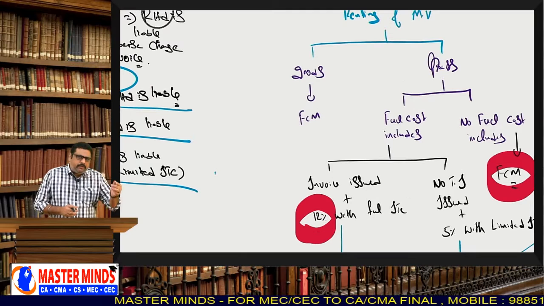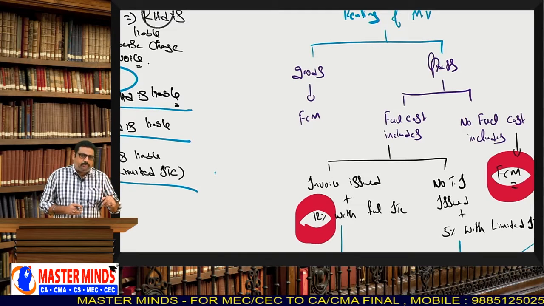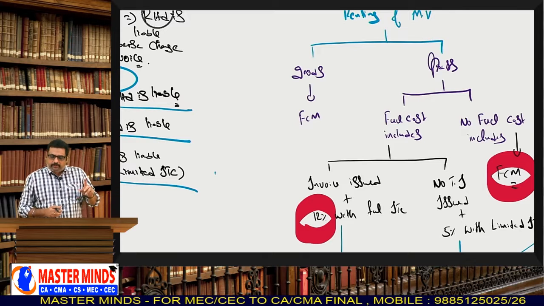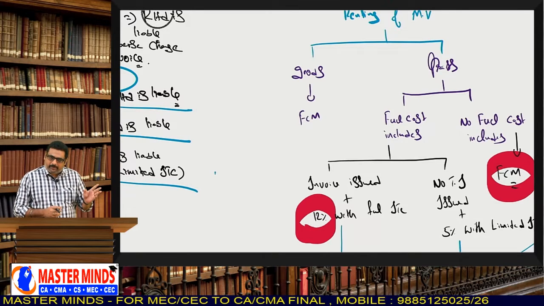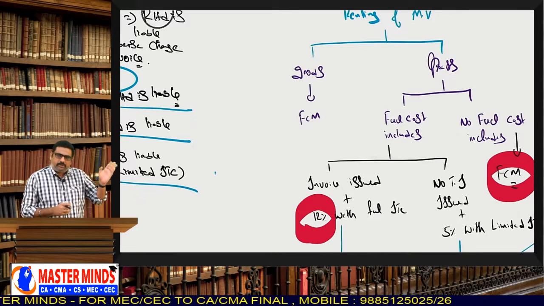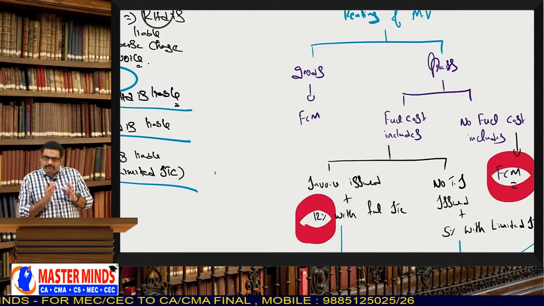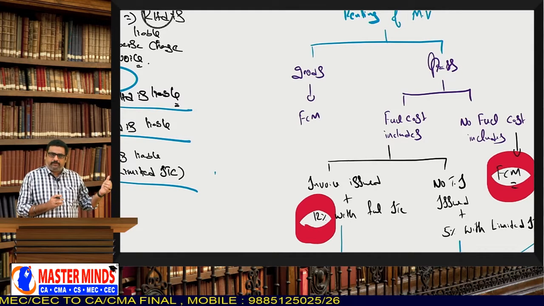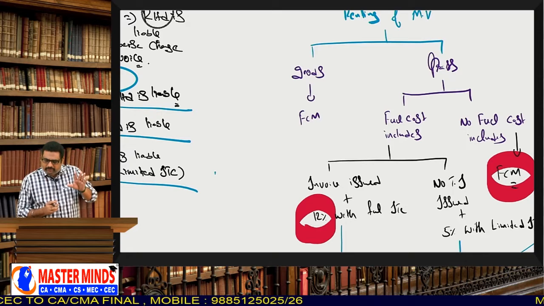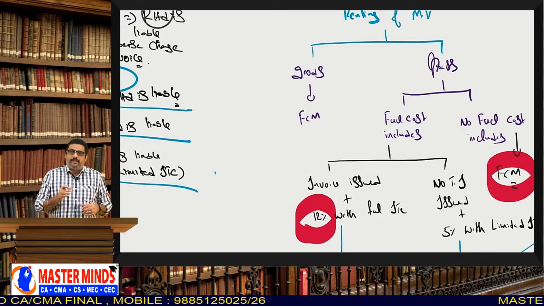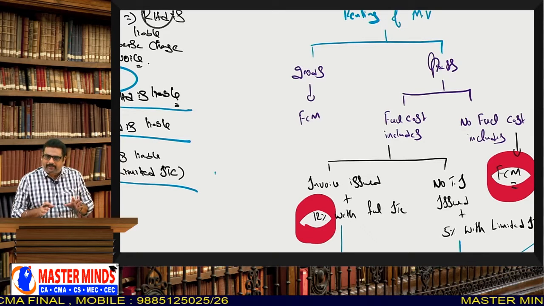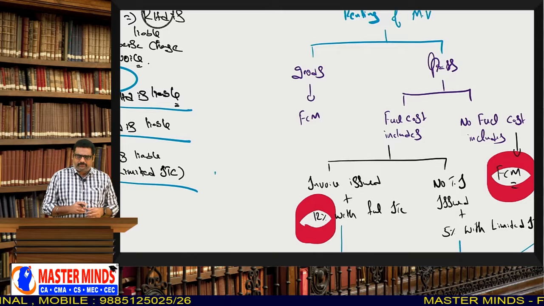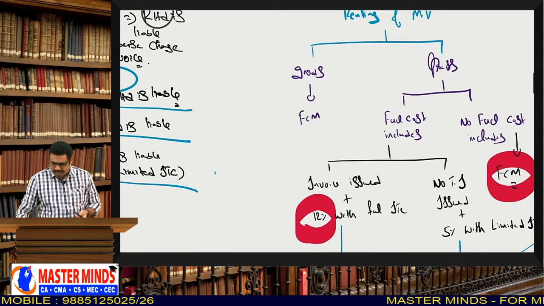If the consideration includes the cost of fuel, then we have to check whether the supplier charged 12% or 5%. If the supplier charged 12%, then FCM is applicable. If the supplier charged 5%, then there is a possibility to apply RCM. Understood?